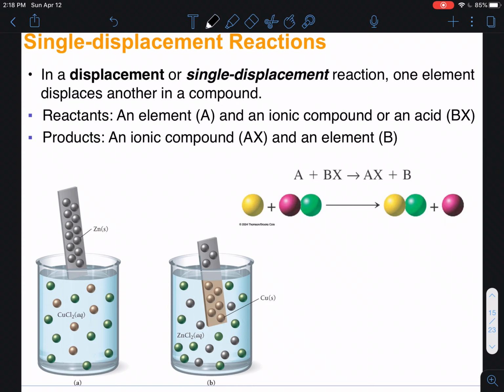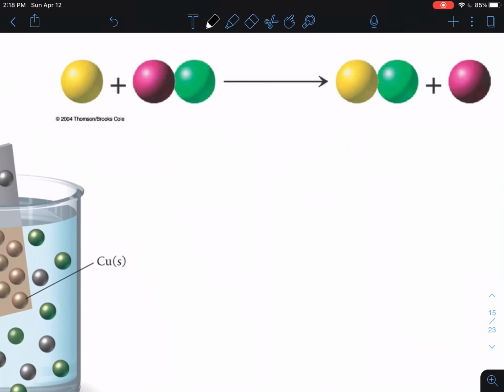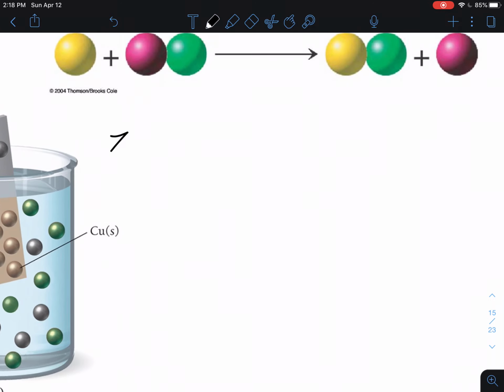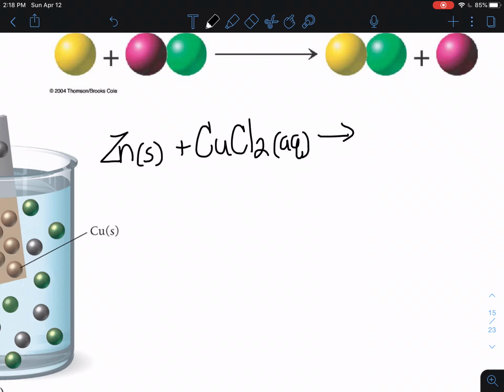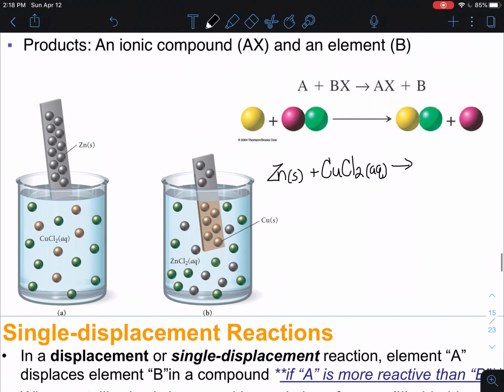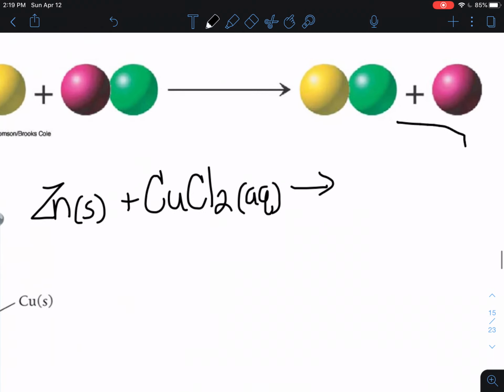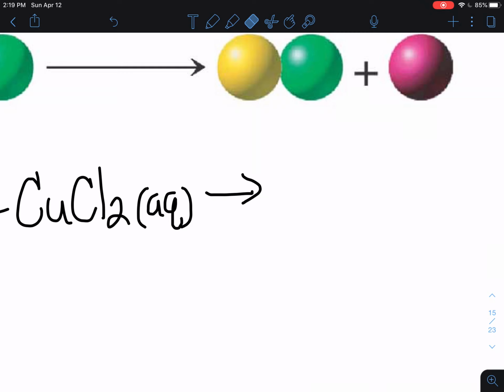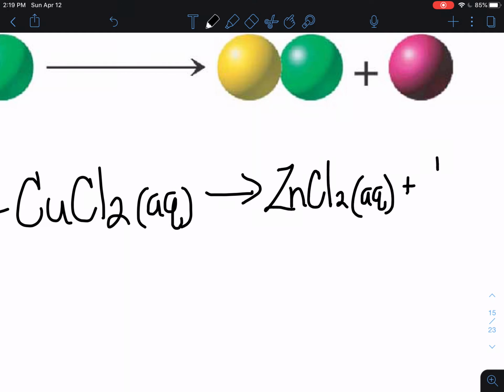All right, so actually I'll write this out. So we would have solid zinc plus CuCl2 aqueous goes to zinc chloride aqueous plus copper solid.